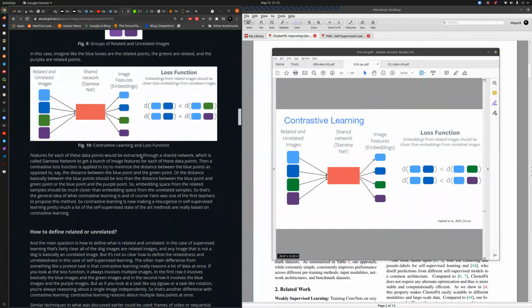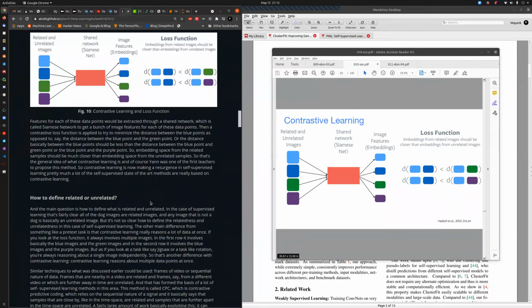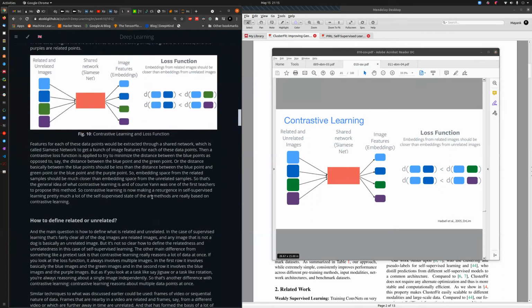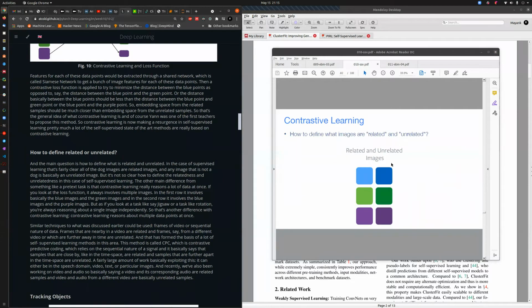So, these are the features. How are they pulled and pushed? In contrastive methods, here we can use an energy-based objective too.